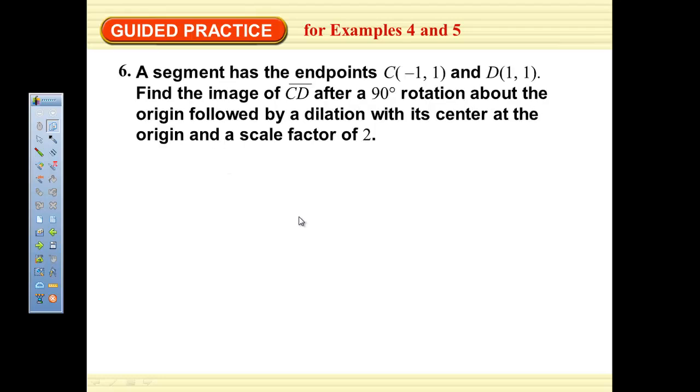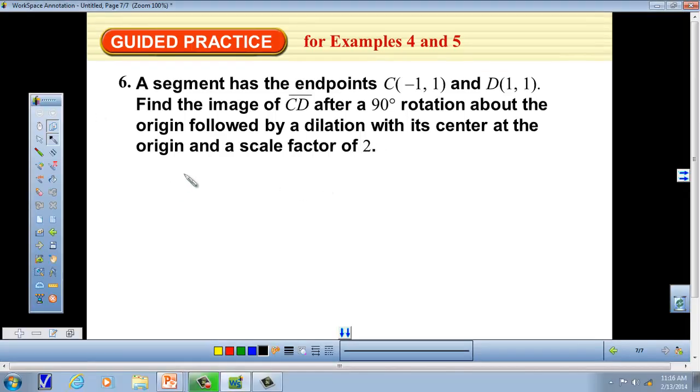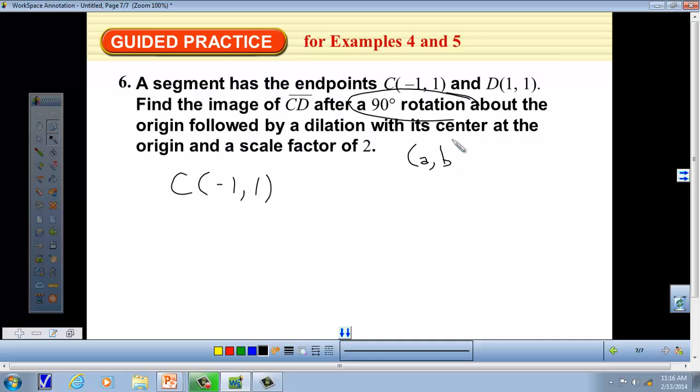And now we want to do a 90-degree rotation, and then do a scale factor of 2, unfortunately, again. So we're only going to take C and D, so we start with C, which is negative 1, 1. And remember, for a 90-degree rotation, we have A, B, and that becomes negative B, comma A. So we flip them and make one the opposite sign.